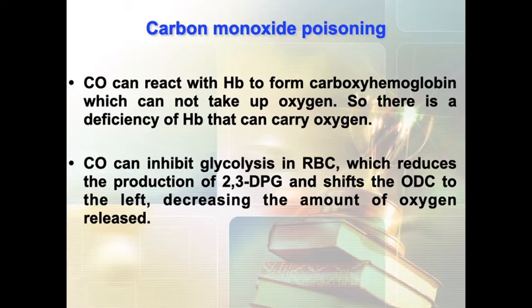At the beginning of last video, I introduced the oxygen hemoglobin dissociation curve, which is ODC. Shifting to the left decreases the amount of oxygen released. When it moves to the left, the oxygen and hemoglobin bond very firmly and are difficult to separate, so the oxygen won't be released.